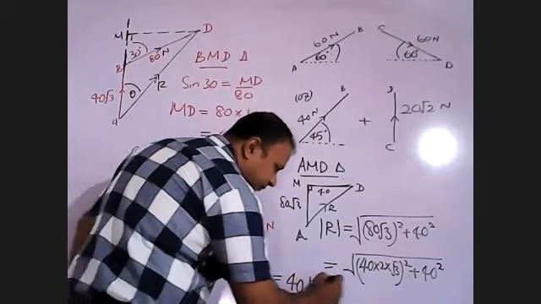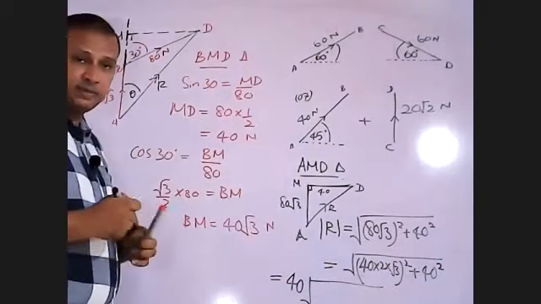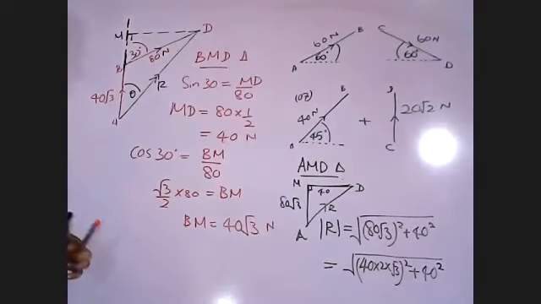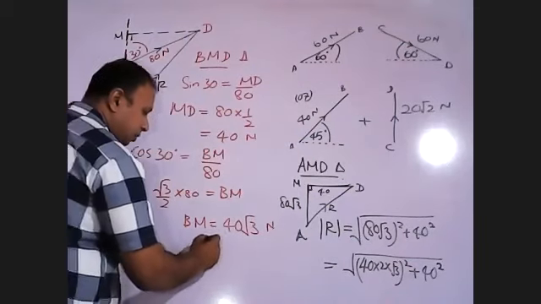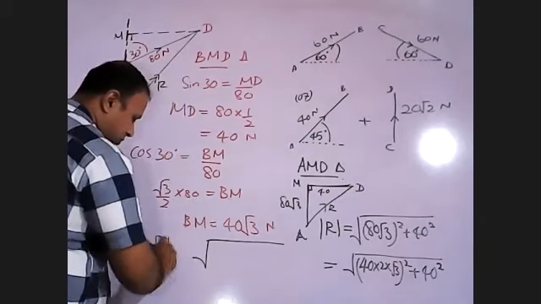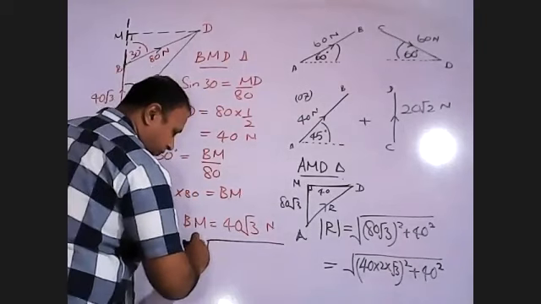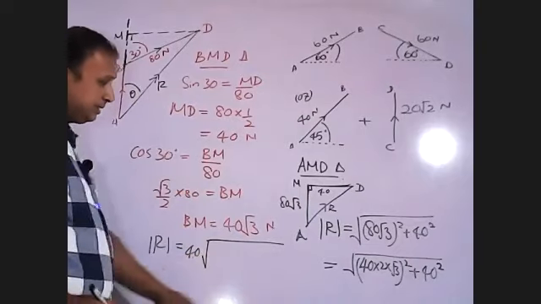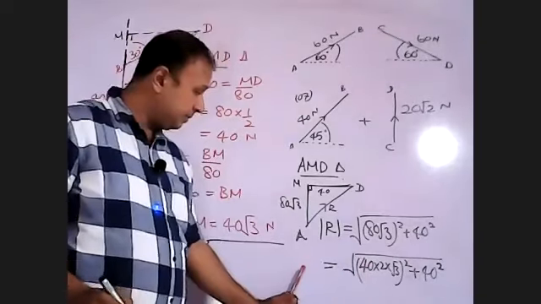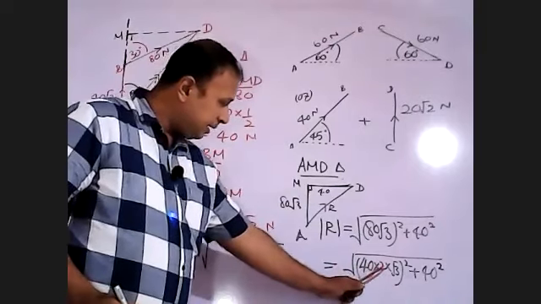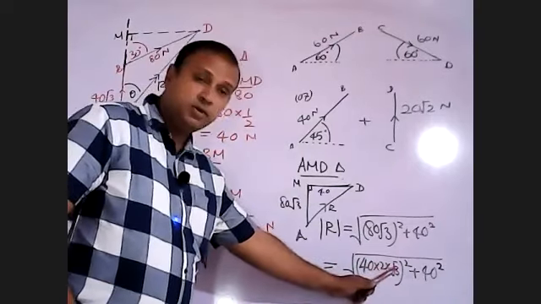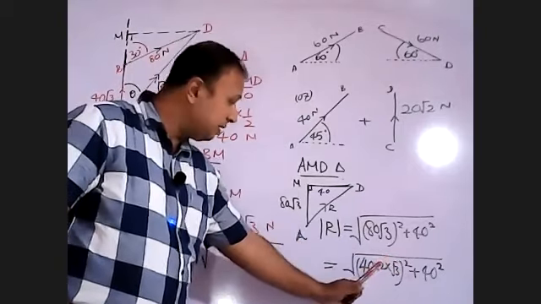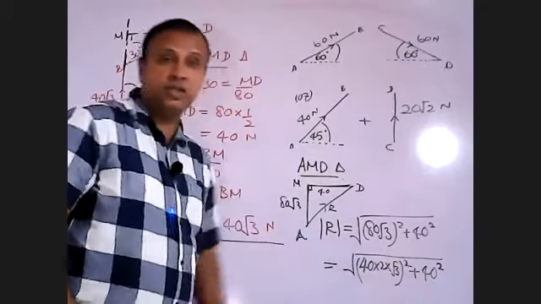If you take it out, what are the remainings? Here 2 times root 3 is squared, which means the square of 2 and the square of root 3.